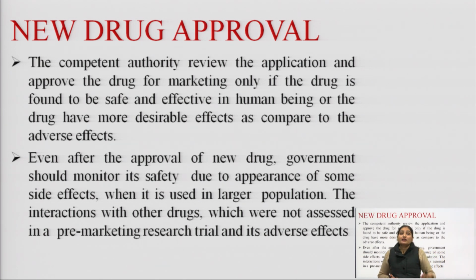And even after the approval of the new drug, government should monitor its safety due to the appearance of some side effects when it is used in the larger population.